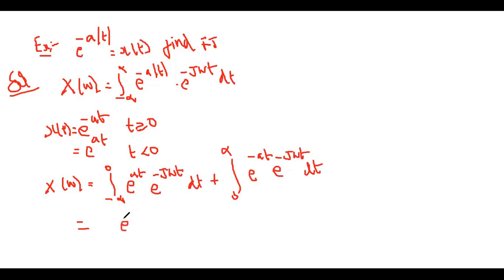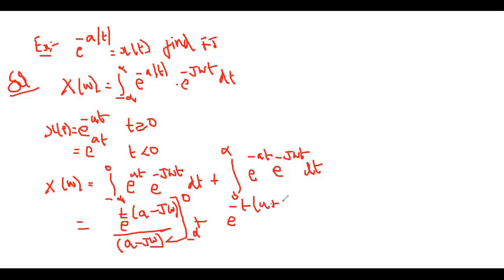Take t as a common factor: e^((a−jω)t) divided by (a−jω), with the upper limit 0 and lower limit minus infinity. For the second integral, take e^(−t) as common, with (a+jω) in the denominator, the upper limit infinity and the lower limit 0.